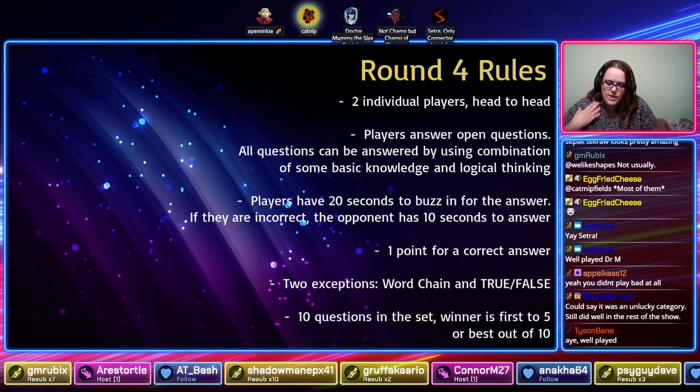So it's open questions. Players will have 20 seconds to buzz in for the answer. If the player who buzzes in is incorrect, the opponent has 10 seconds to answer. You get 1 point for a correct answer, no matter if you answer first or second. There are 2 exceptions, word chain and a true-false question.